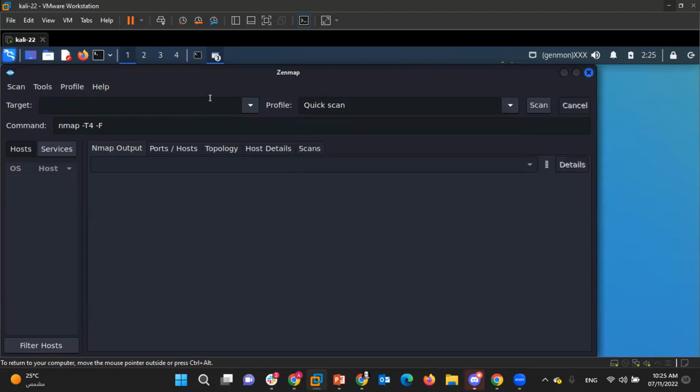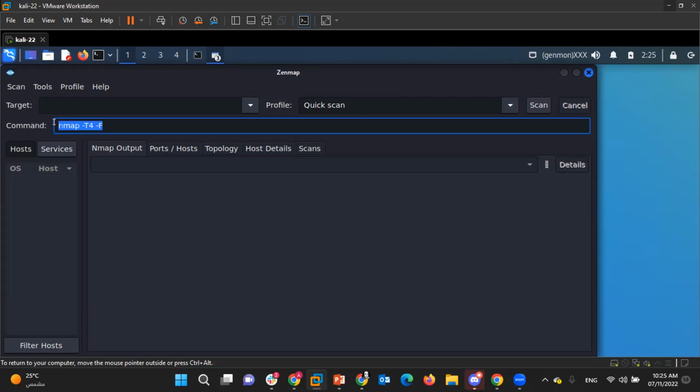When we choose quick scan, automatically you'll find nmap -T4 -F appear here. If you use this command, you can use it in the shell, on the terminal.